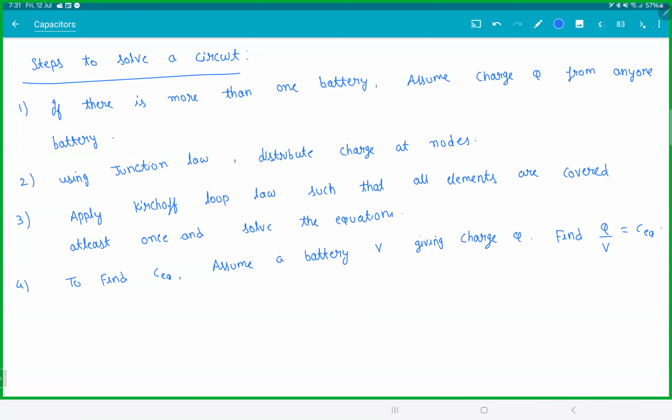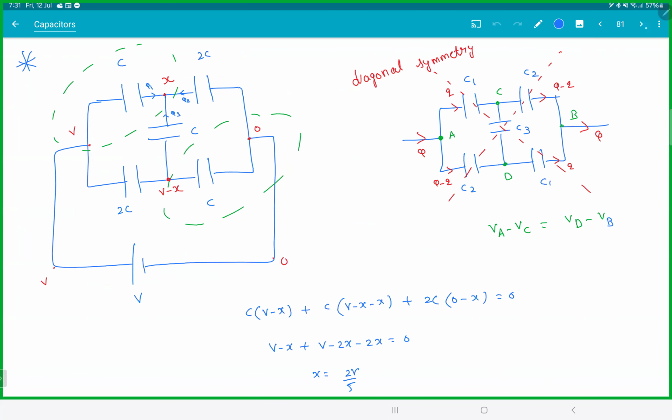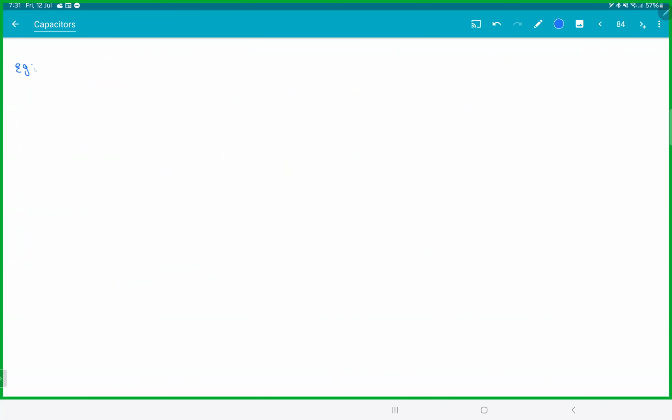So let's take this example only, which we did. This one is V, this is C, C, 2C, and 2V.